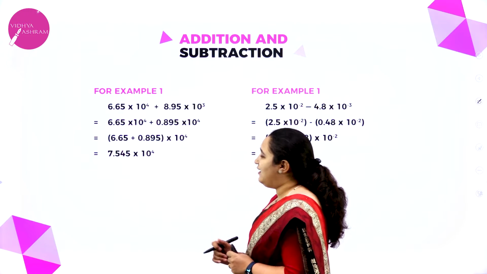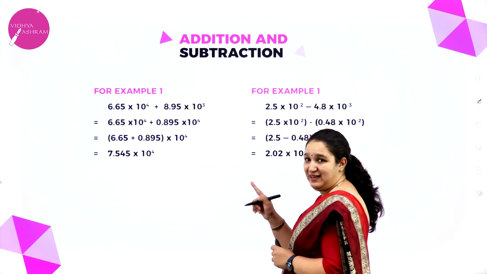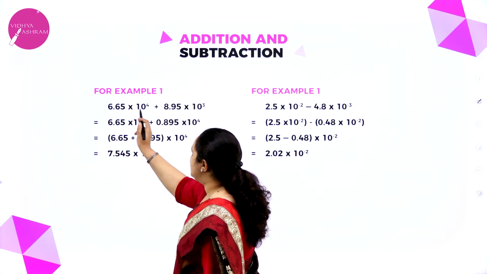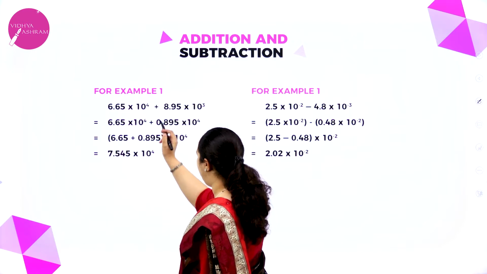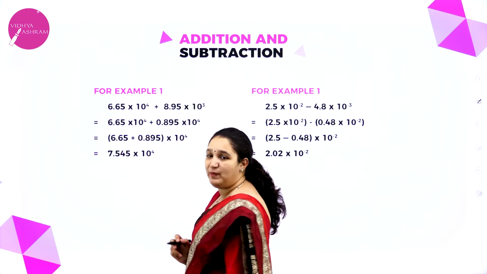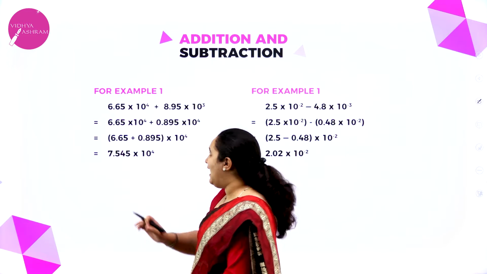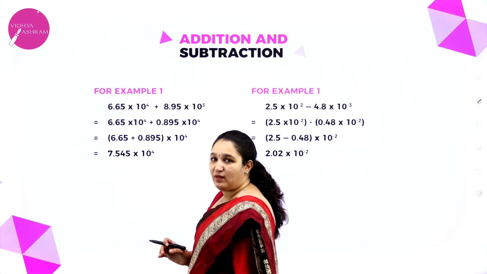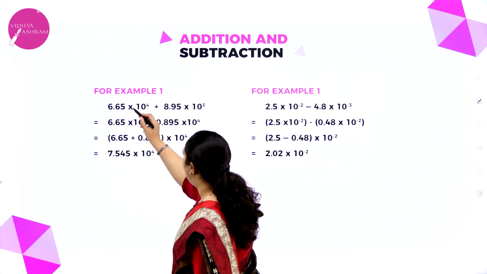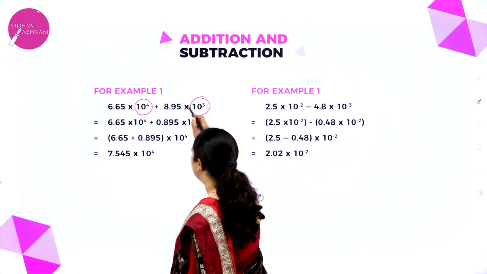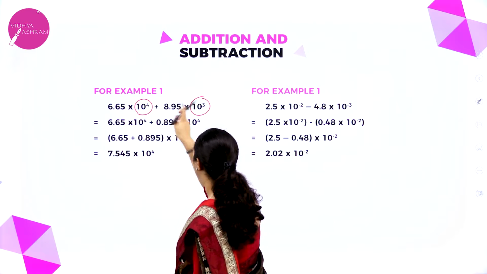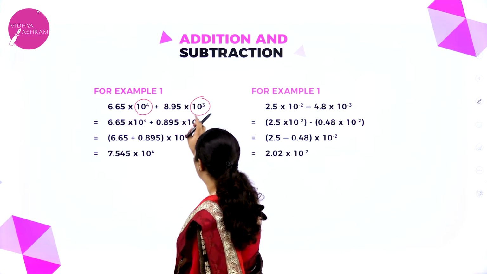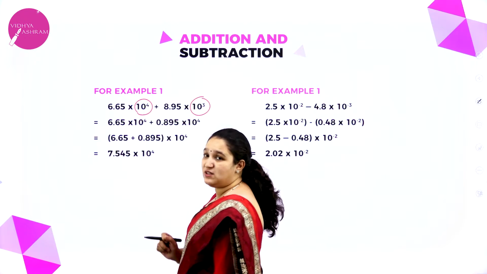We will take example 1 for addition: 6.65 × 10^4 plus 8.94 × 10^3. You cannot add these two numbers just like that. Okay, you should have both the exponents the same. That means if here it is 4, here also it should be 4, or if this is 3, you have to convert this to 3.